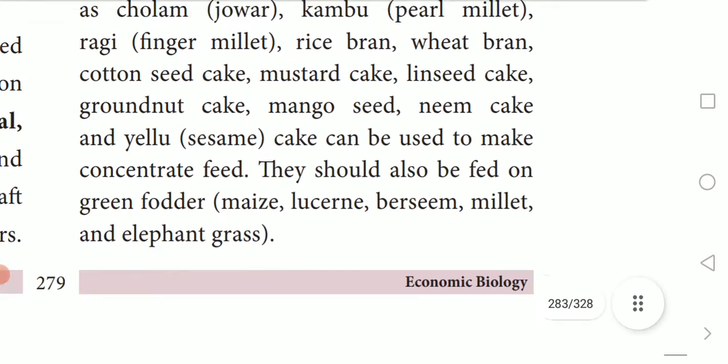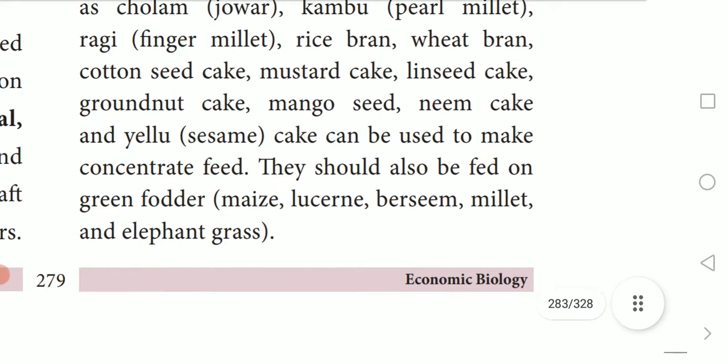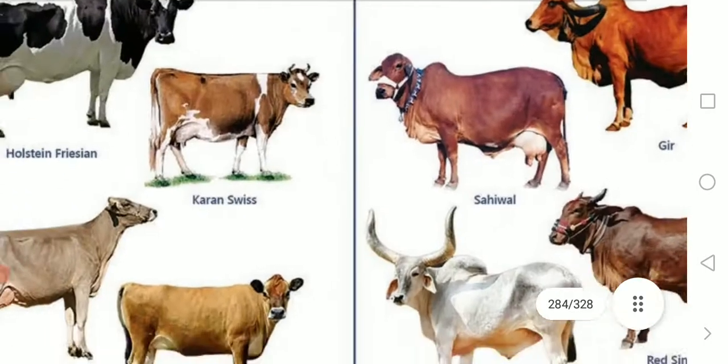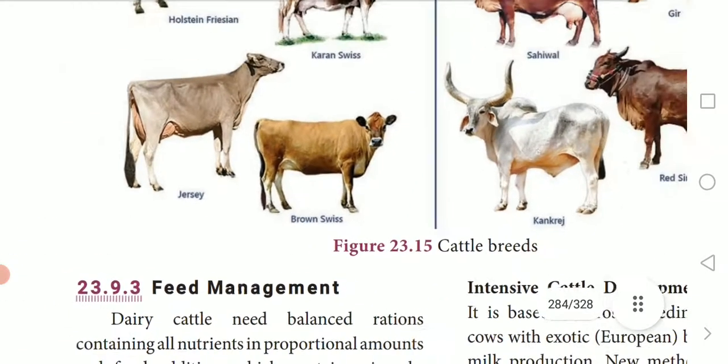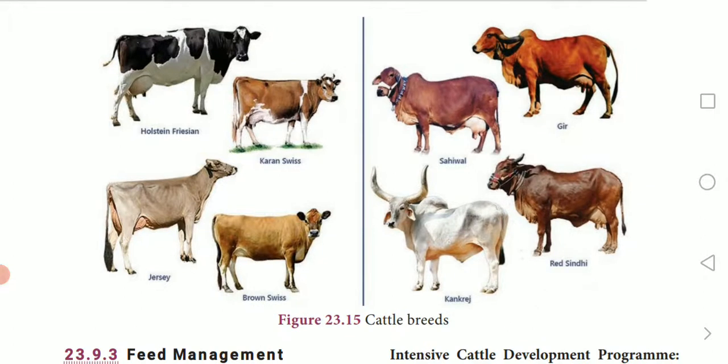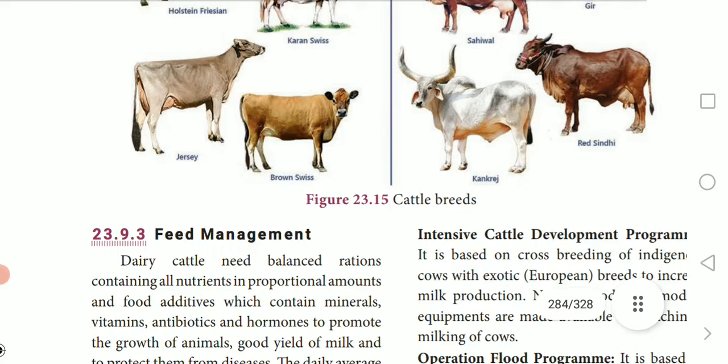So these different types of cakes are used as concentrate food items. Here you can see the different species of cattle breeds. The next one is feed management.